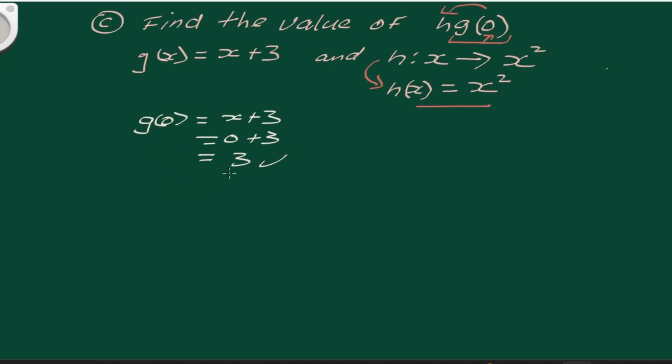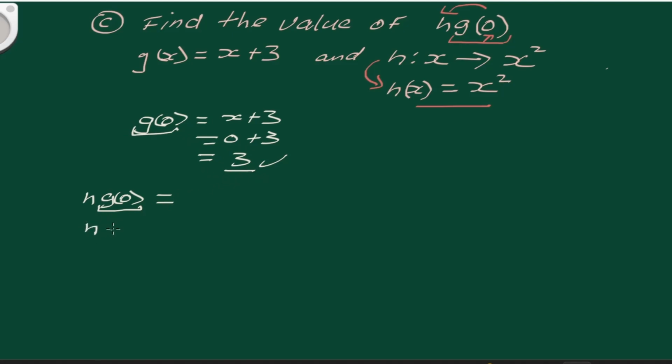Now that is the value. So we're going to restate our original question. HG of 0 equals, and we're going to replace the G of 0. Since G of 0 works out to be 3, we're going to replace it with the number 3.